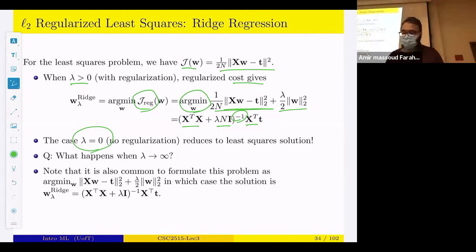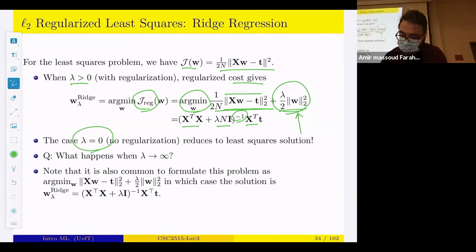If lambda goes to infinity, essentially this second term becomes the dominant term in the optimization problem, and the effect of the first term becomes small. So the optimizer tries to essentially pay attention to the L2 norm of W. The minimum for the L2 norm of W is when weights are all equal to 0, right?